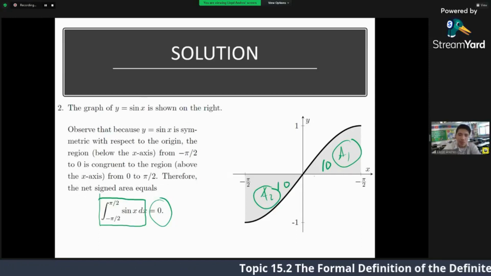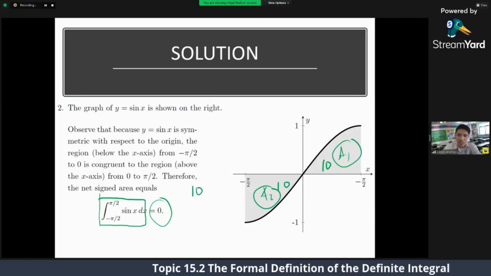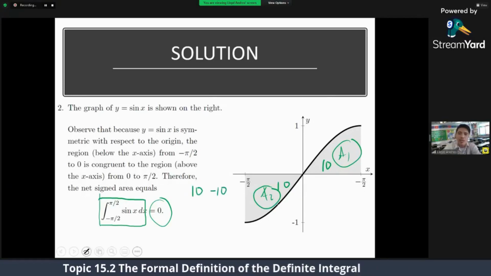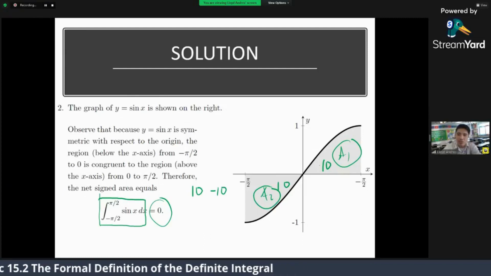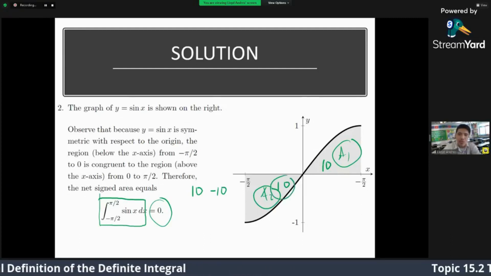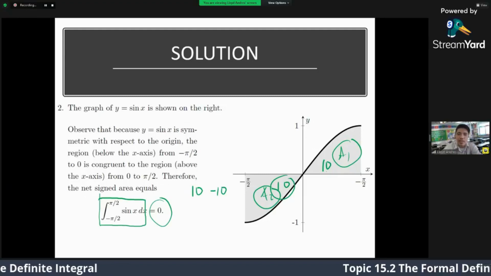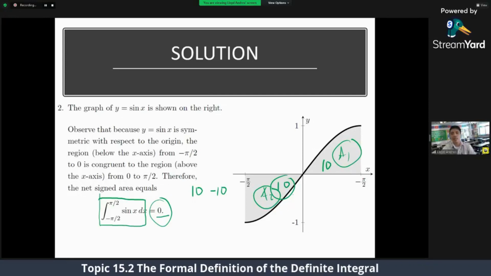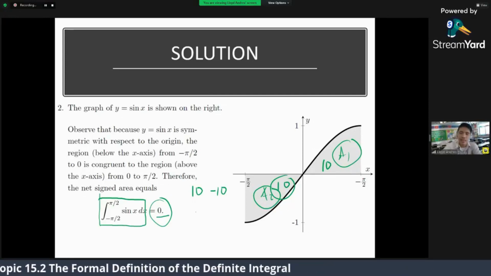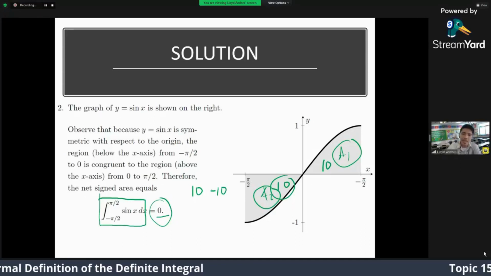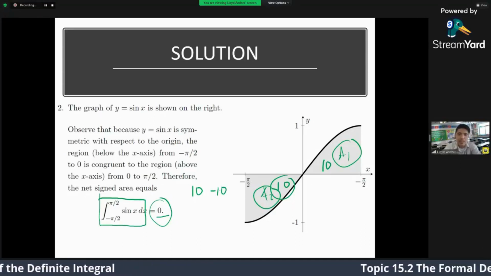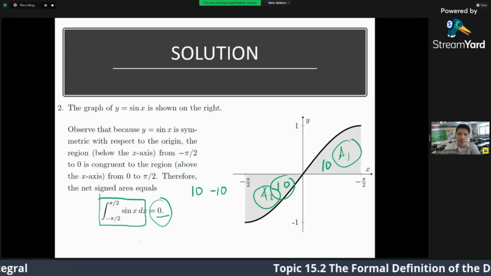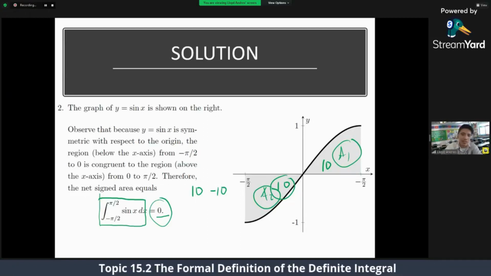Therefore, 10 minus 10, because it is an integral, and it is negative 10 here because it is below. Therefore, the integral is 0 because they cancel out. Again, because the definite integral is the net signed area, meaning the sum of the areas above the x-axis minus the sum of the areas below the x-axis.